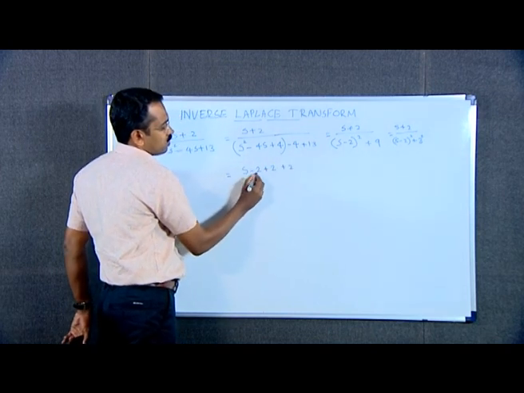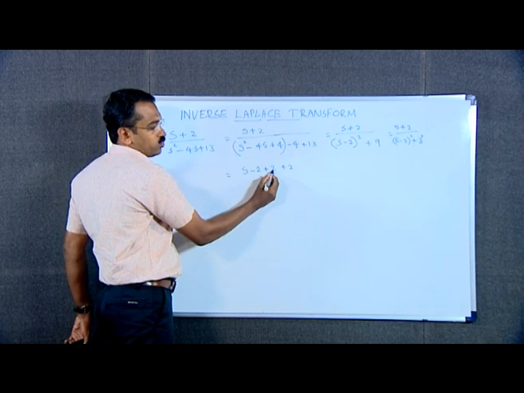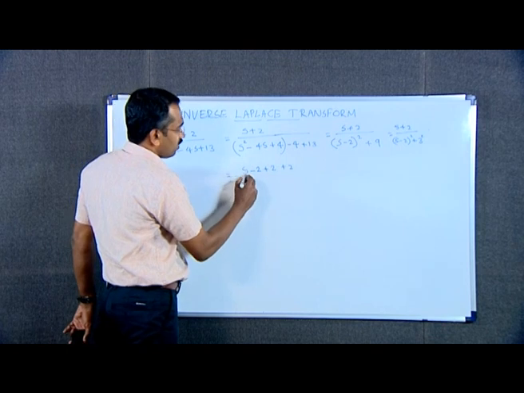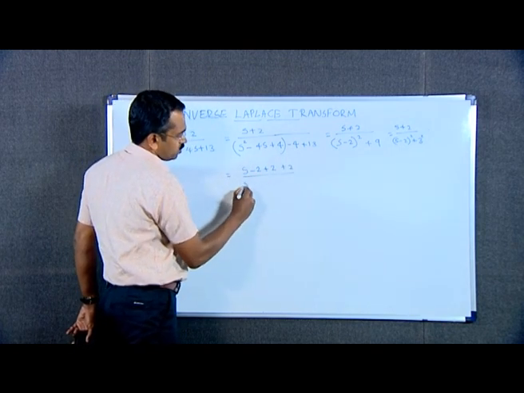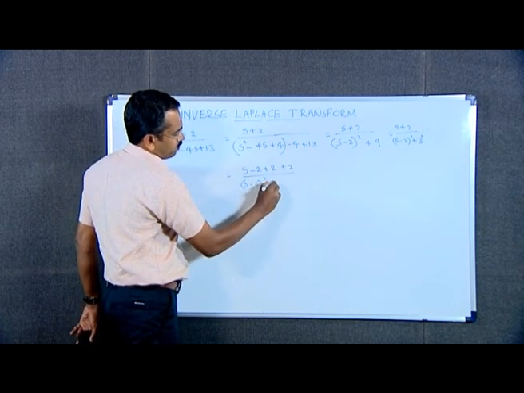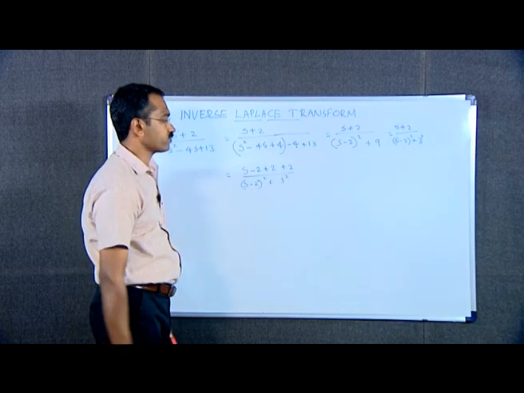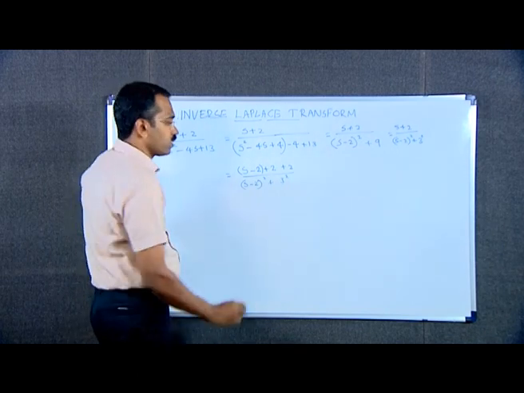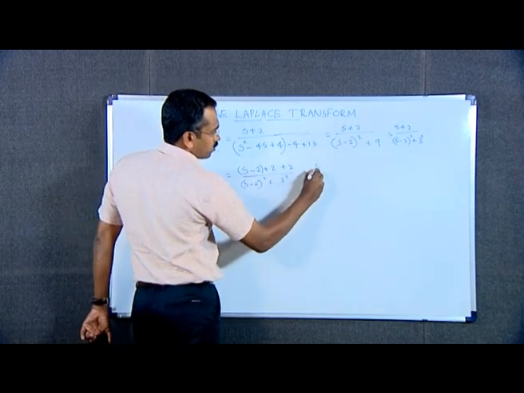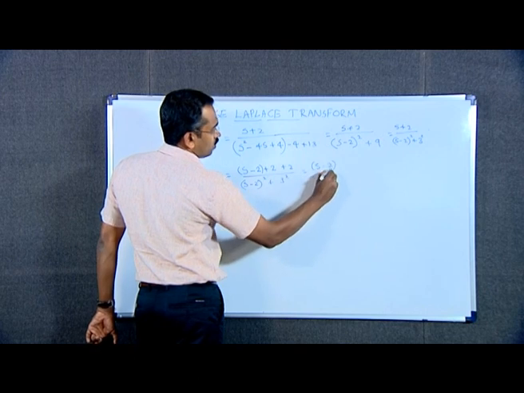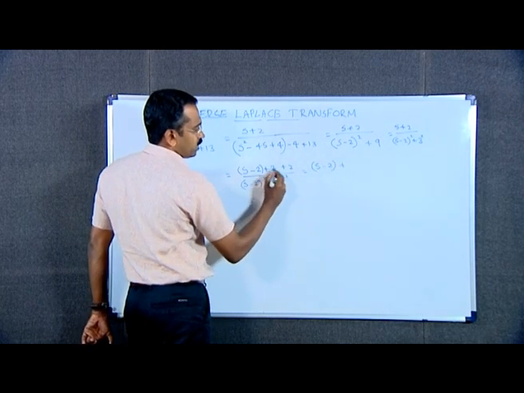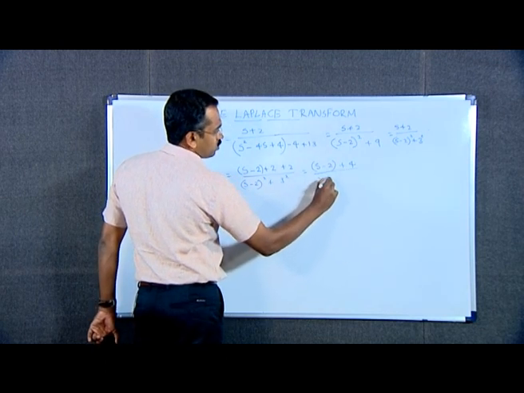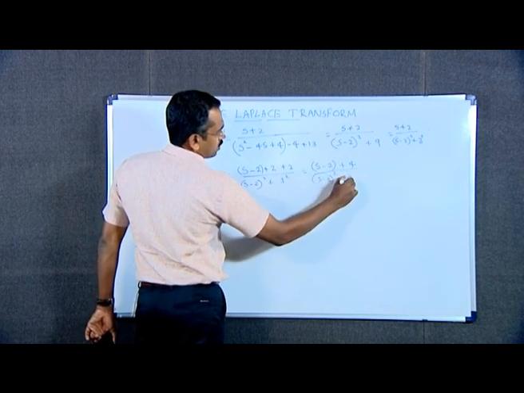That is, we just add 2 and subtract the same in the numerator, all divided by s minus 2 whole square plus 3 square. This is equal to s minus 2 plus 2 is 4, divided by s minus 2 the whole square plus 3 square.